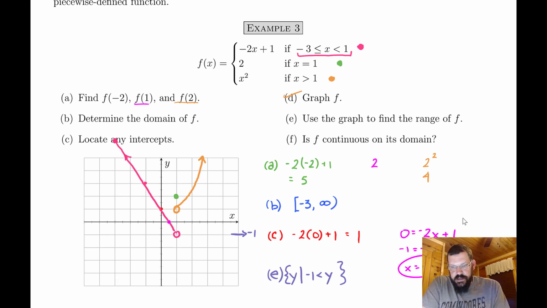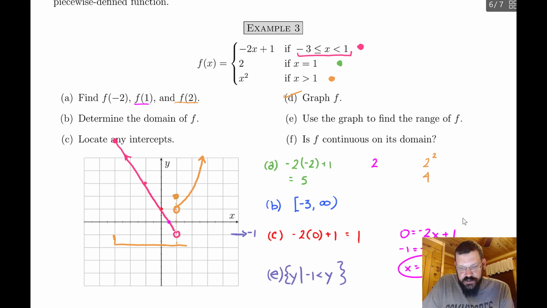There's our range. And then the last part is, is f continuous on its domain? Now, it's not asking if it is continuous on all x values. It's asking only, is it continuous on its domain? So starting in its domain values, we start over here at -3, where it is defined. And if I imagine drawing vertical lines up from every point that I'm drawing off of this line horizontally, will it intersect part of the graph? The only real question we have is right here.